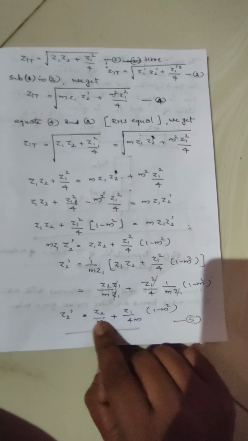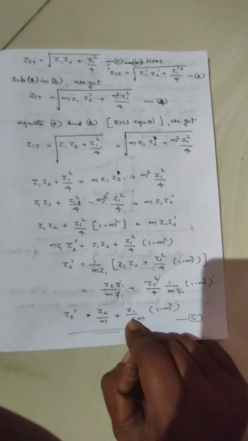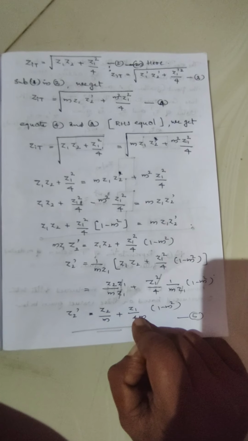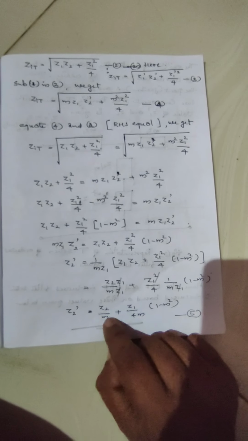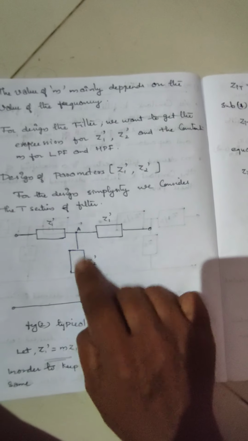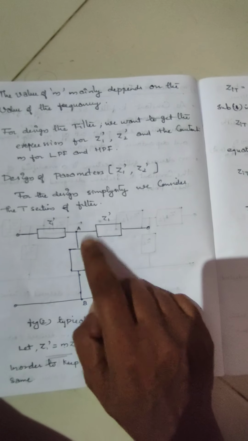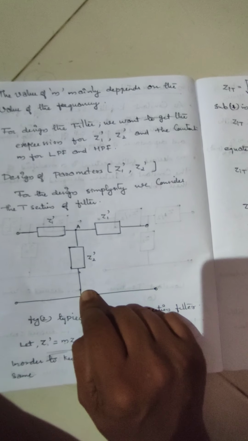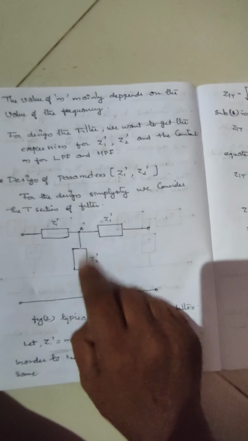Because of these two components we get two values, and these two values are added together, then we get z2 dash. The parallel lead does not have only a single component, it has two components.